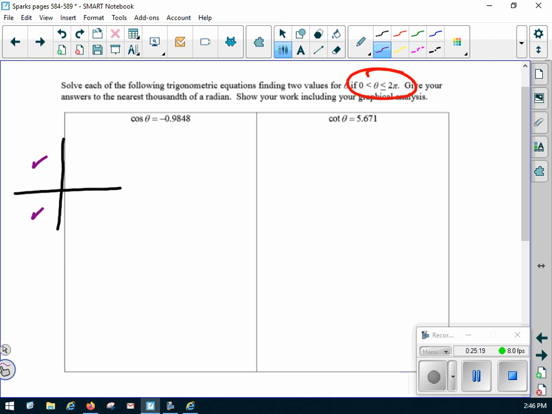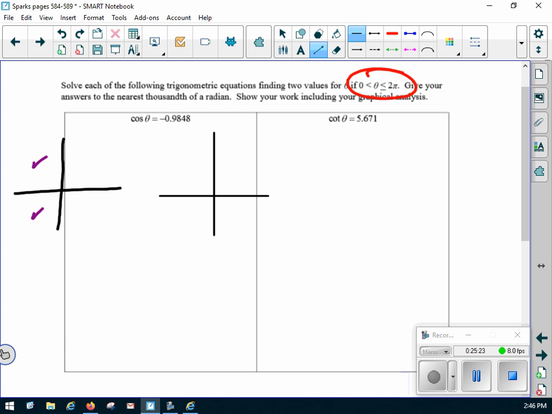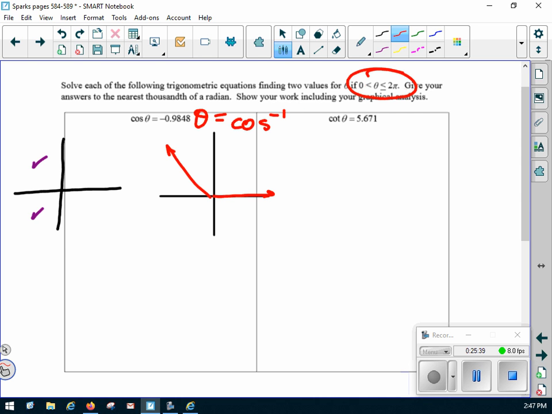All right, let's start with quadrant 2. I need an angle here. What's the exact value of theta? Perfect. Run that on your calculator.